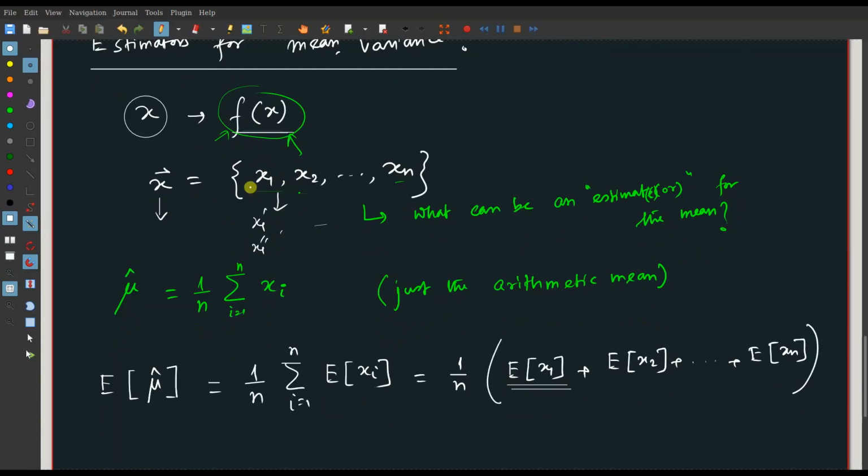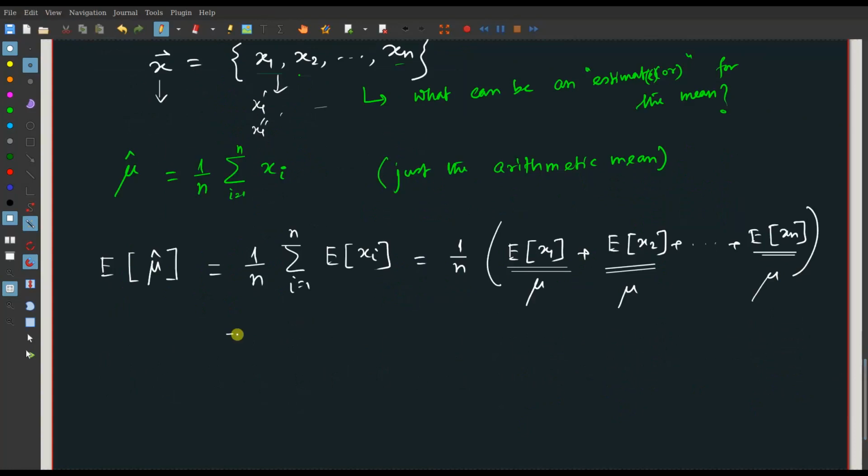Since these are sampled according to fx, these averages will be the average of this fx, and if that mean is mu, without the hat, by the way, then this is mu. Since x2 is also sampled from the same fx, then this is also mu, and so on. So this is just 1 by n times n mu, and this cancels out, and this is equal to mu, and this is the true mean.